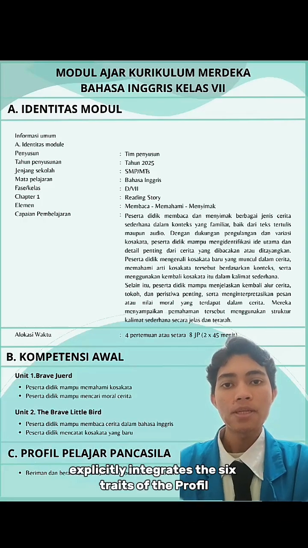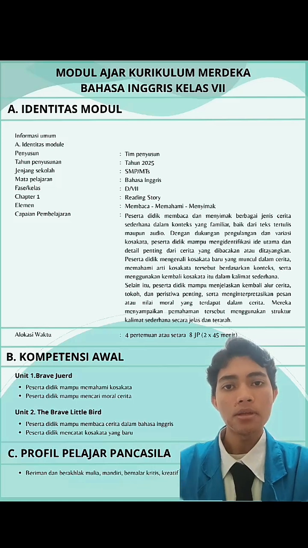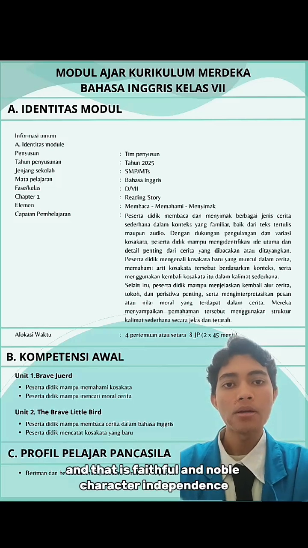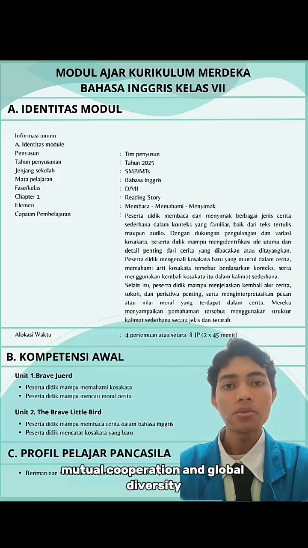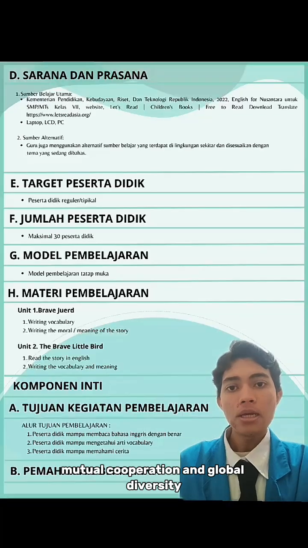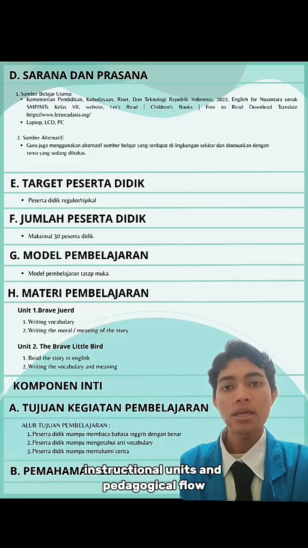The module explicitly integrates the 6 traits of the Profil Pelajar Pancasila, that is, faithful and noble character, independence, critical reasoning, creativity, mutual cooperation, and global diversity. Instructional units and pedagogical flow.